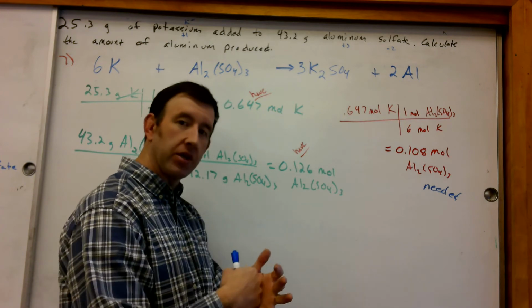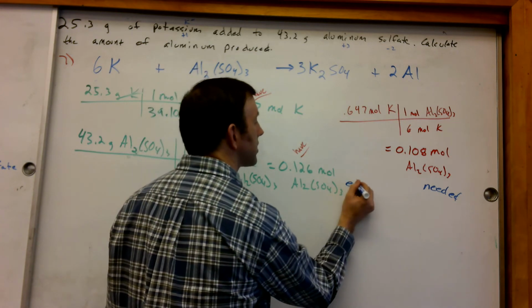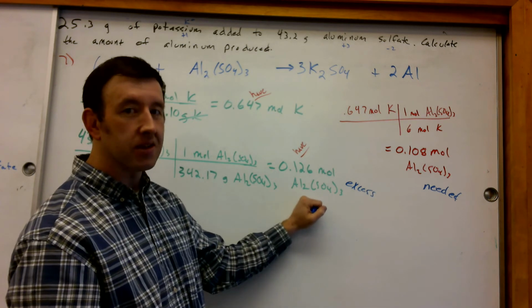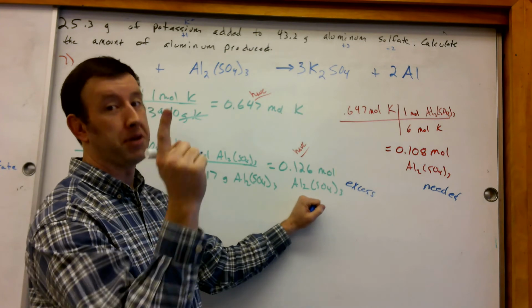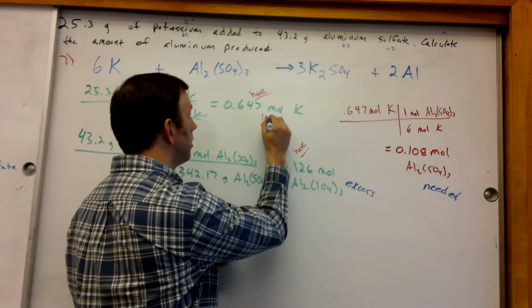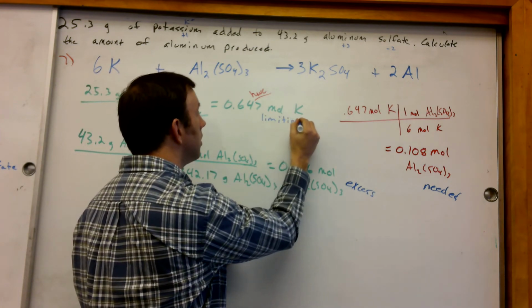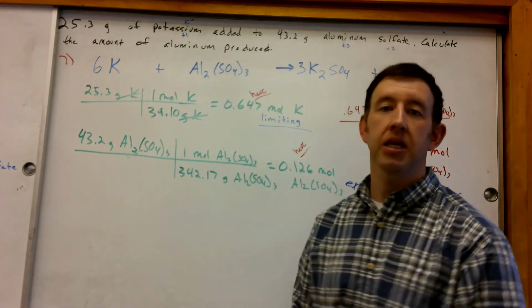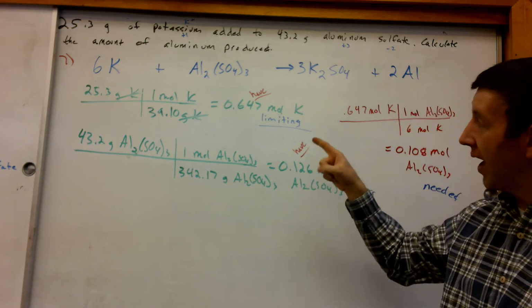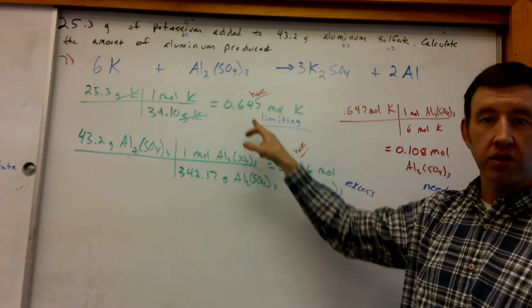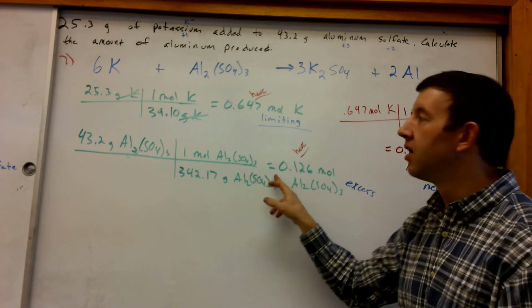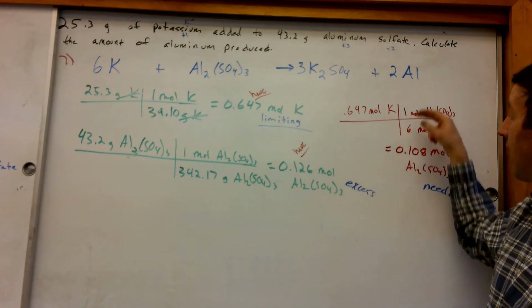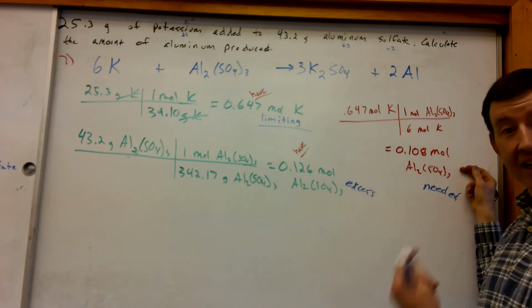When you have more of something than you need, that makes it excess. So if aluminum sulfate is excess, that means potassium is limiting. My potassium in this case is the limiting reactant. I know that because I figured out how much potassium and aluminum sulfate I have in moles, then used the moles of potassium to figure out how many moles of aluminum sulfate I need.